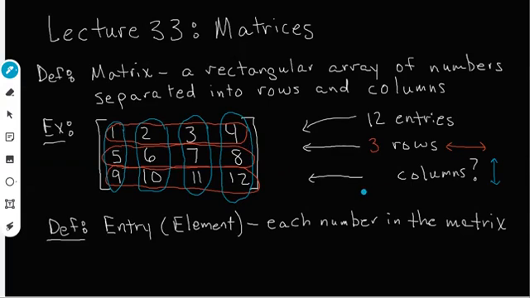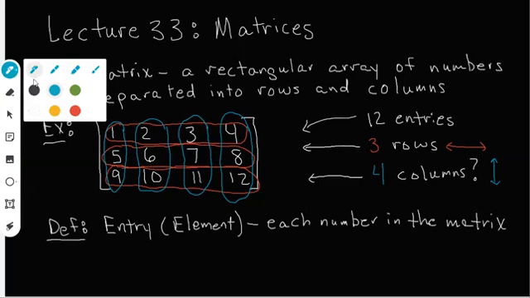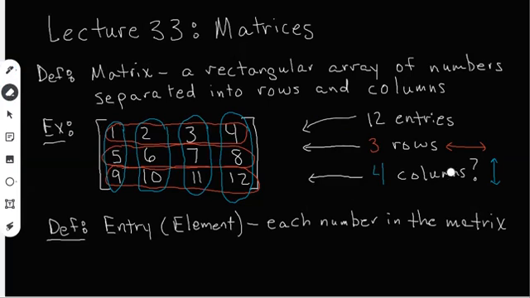So how many columns are there? There are 4 columns in this matrix. And a matrix can have as many rows and as many columns as it wants. But the lowest number that it can have is 1 row and 1 column.